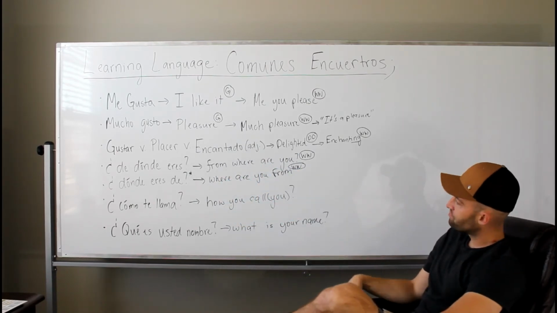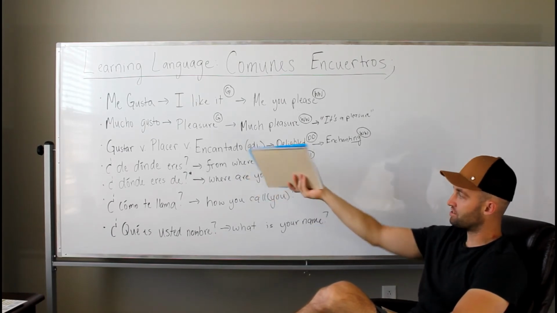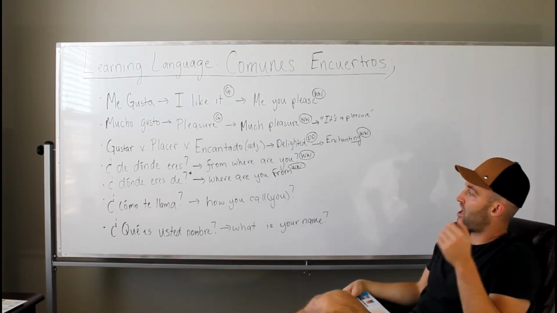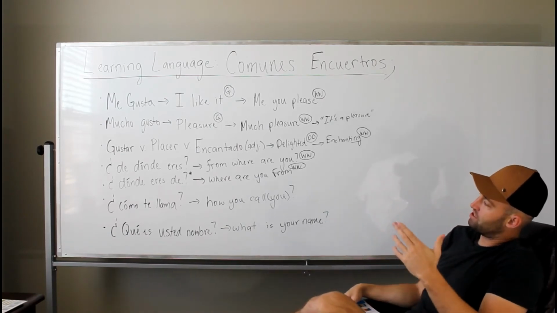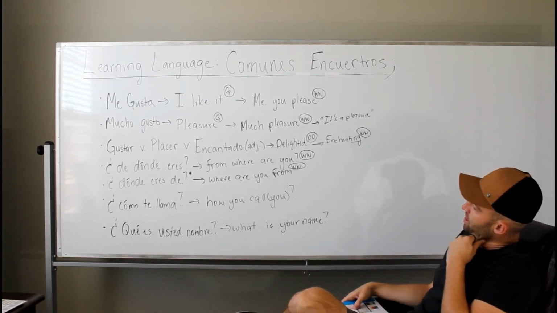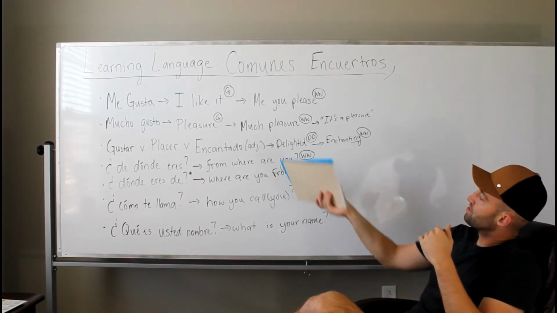Pretty sure that's right. And then just another thing, looking up gustar versus placer in the dictionary, you come across encantado, which is an adjective, so it's not an infinitive verb, but encantado means delighted if you look it up in the dictionary.